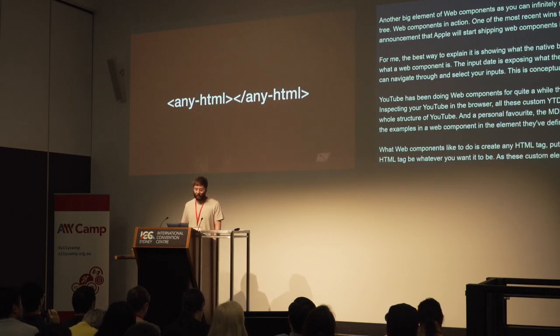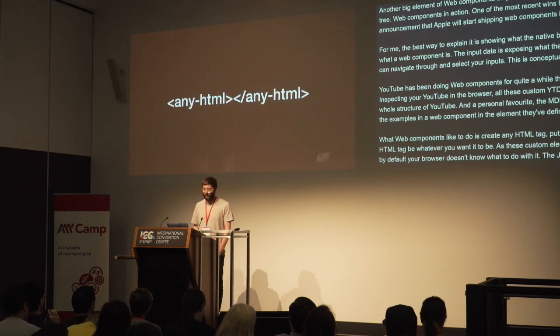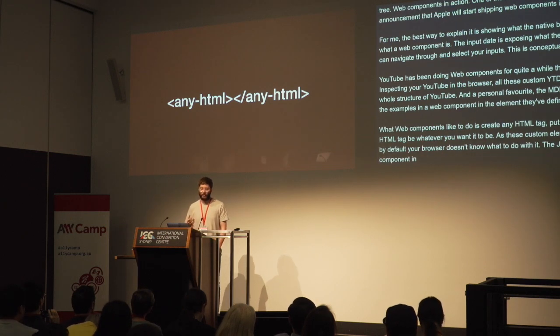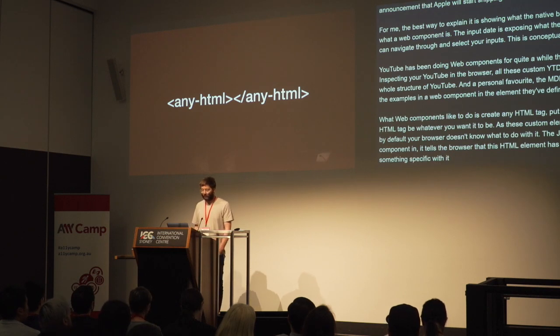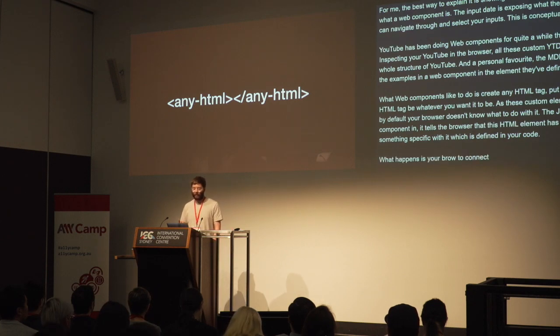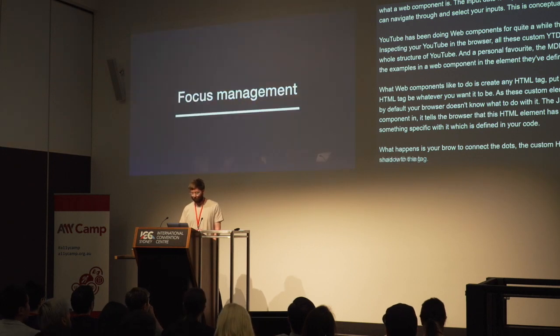So what happens is that the JavaScript that you write your web component in tells the browser that this HTML element actually has some meaning, and that it needs to do something specific with it, which is what you've defined in your code. And what happens then is that your browser connects the dots, sees the custom HTML tag, and then attaches the shadow root to that tag, allowing you to have the functionality that you want sitting there under one single element.